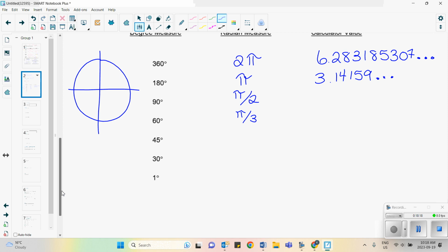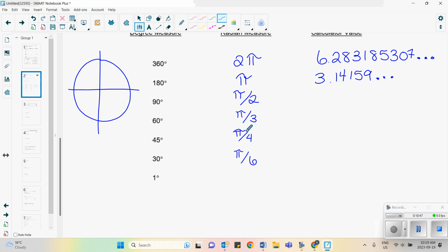That gives me pi over 6. 45: pi over 4, because 45 goes into 90 twice, so we take pi over 2 and divide it by 2. So it's pi over 4. You get the idea.